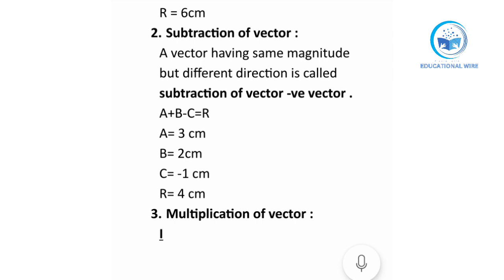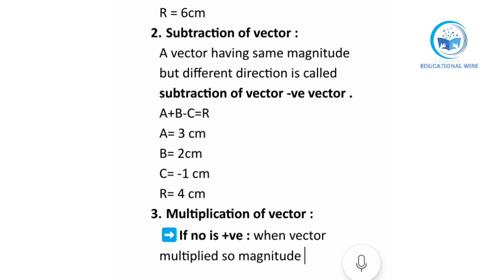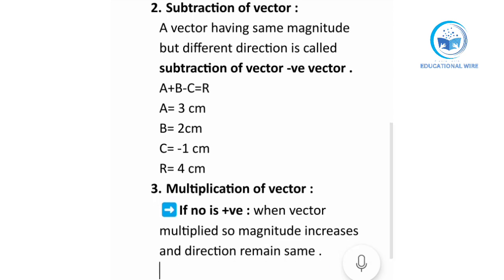If the number is positive, so when a vector is multiplied by +1, the magnitude increases and the direction will remain constant, the direction remains the same. We will also take one example of how.